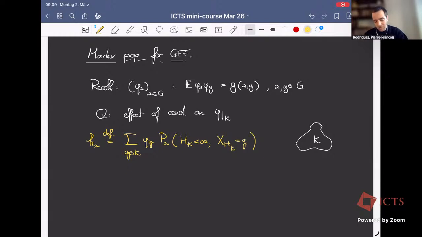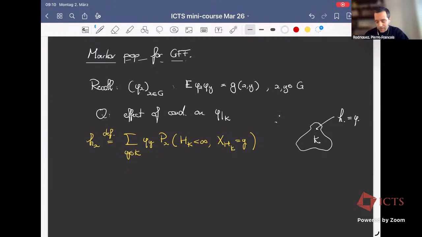So if you pick your point x inside of K, then of course h_x is just equal to phi x. Inside K, h and phi just coincide.